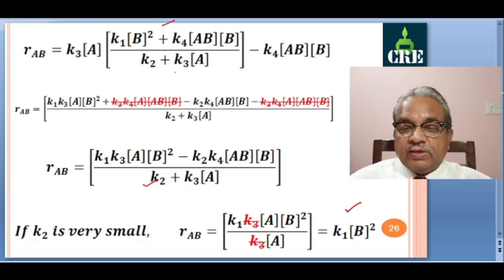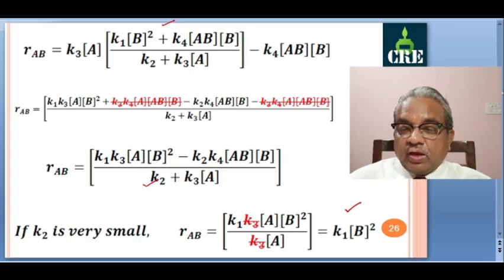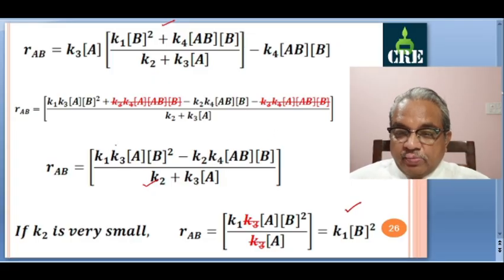That means the second mechanism which we have proposed is consistent with the observed kinetics. Observed kinetics, which is determined experimentally, is second order with respect to B and zero order with respect to A, independent of A.